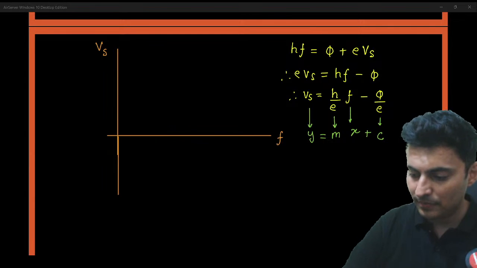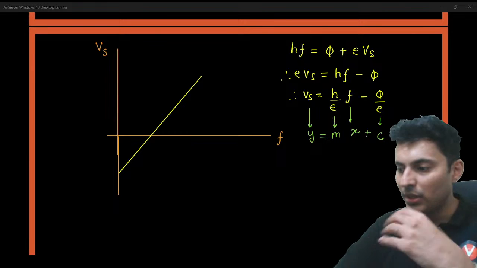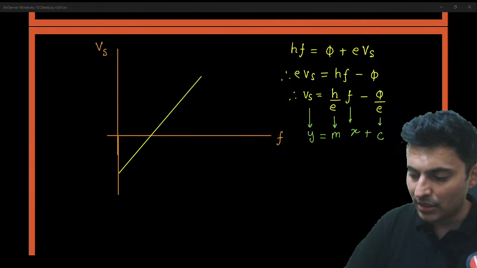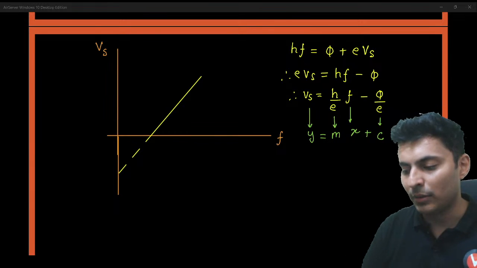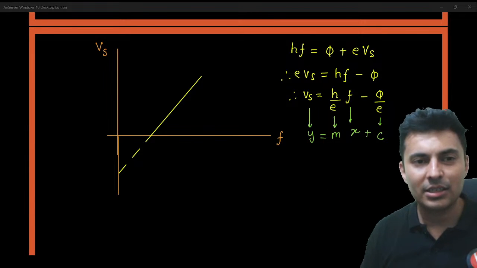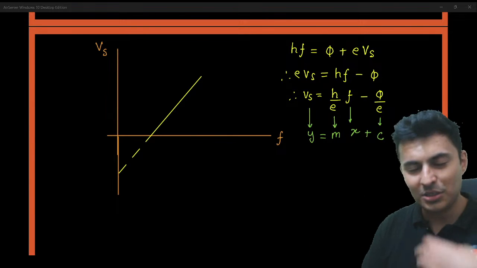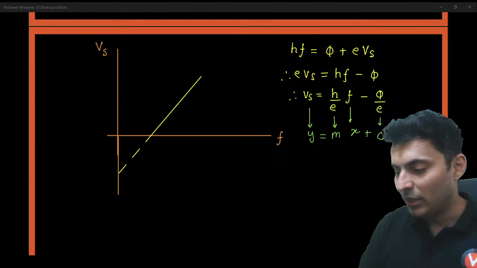But remember, stopping potential magnitude is never negative. So that's why it's usually shown as a dotted line over here. Stopping potential is the voltage required to stop it. So it can't be negative, because we're going to apply negative stopping voltage. It's already stopping it, so no need of putting a minus sign.